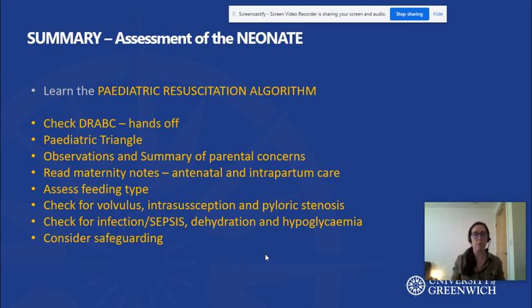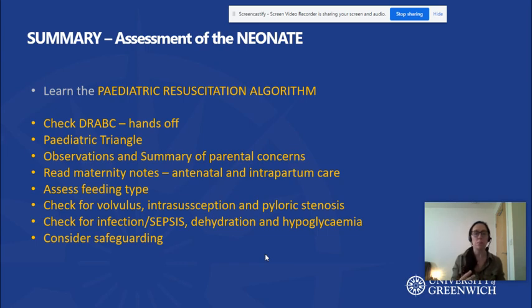Back to the assessment of the neonate. Dr. ABC, hands off, pediatric triangle, work with breathing, circulation, skin, appearance, tickles, observations, vital signs, summary of parental concerns, that's your history taking. Read maternal notes, find out a little bit about this brand new baby's history.